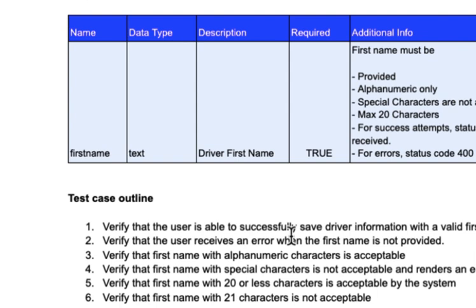So if you come up with any test case that the requirements do not give you the answer for, reach out to your team, reach out to the business analyst or whoever prepared these requirements and ask them, what should I expect in this case? Because API might accept it or reject it, but that does not mean it's valid or it's a defect or not.